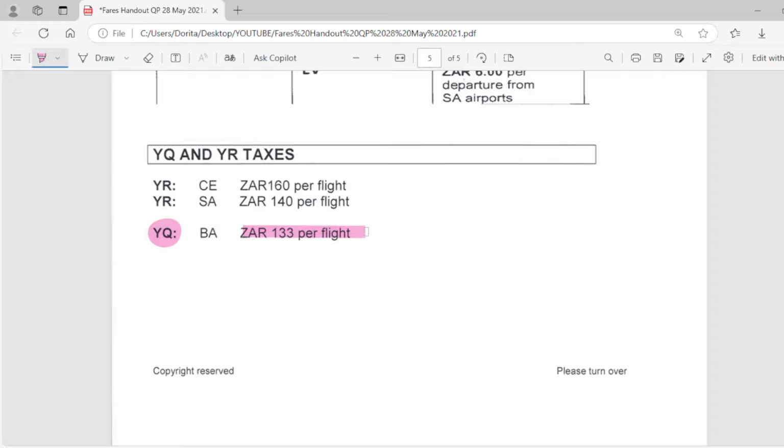I'm going to show you now. Your code for the war tax for SAA is YR. And the cost of it is 140 Rand per flight. What does it look like on your fares?